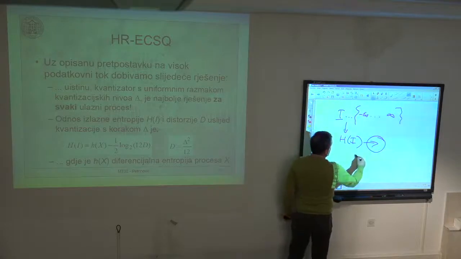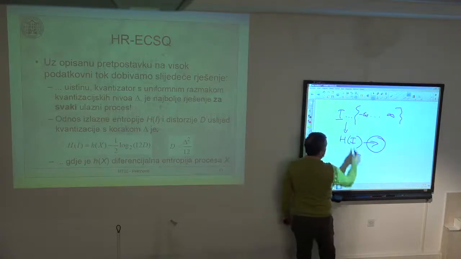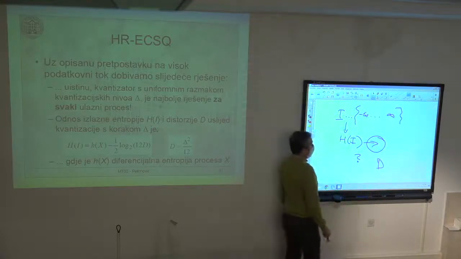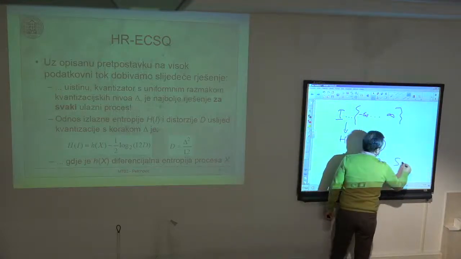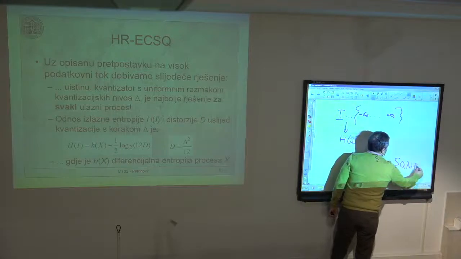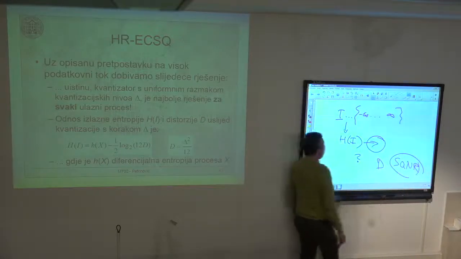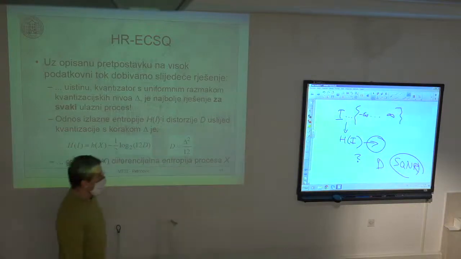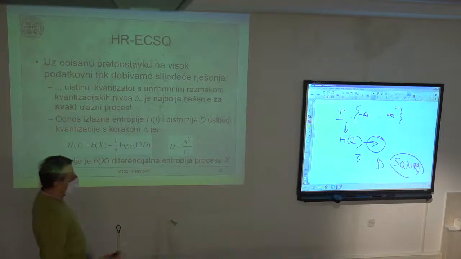So the question is, what is the relationship between the output entropy and the distortion? Okay, or SQNR. I want to optimize this relationship. I want to find the best possible solution. So to the highest possible quality for given entropy, or the least possible entropy for given required quality.